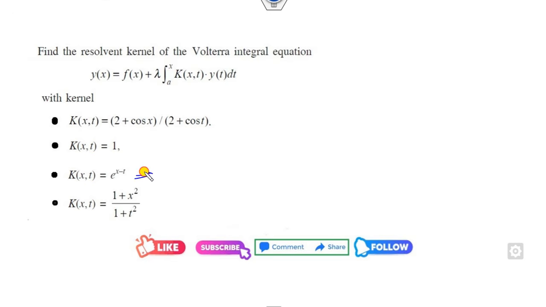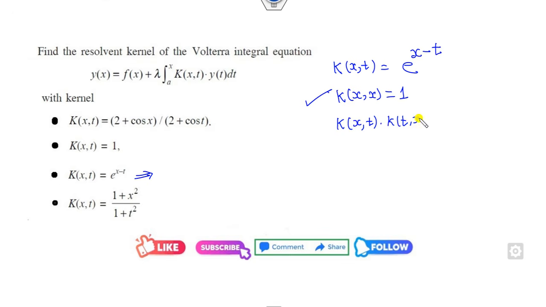Similarly, if your kernel k of x comma t is e raised to the power x minus t, then clearly k of x comma x is 1, because e raised to the power 0 is 1. Then for k of x comma t and k of t comma x, the values are e raised to x minus t and e raised to t minus x, and the product is e raised to the power 0, which is 1.